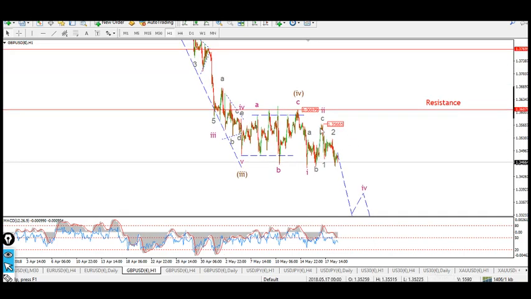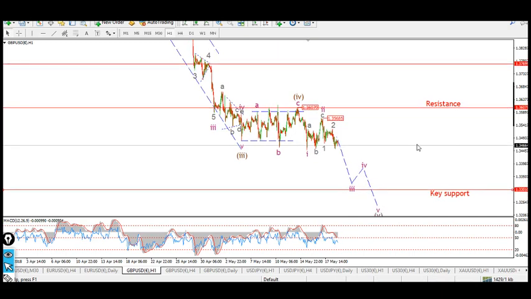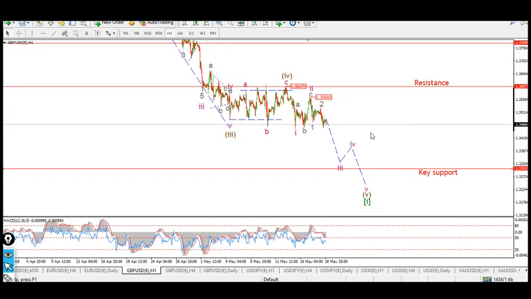So until we get accelerations to the downside, which we may be seeing now, and until we see clear breaks of previous lows, I mean by 100 points or so, at that point you can say, yes, okay, the previous correction is complete, and we're moving down into a further motive wave to the downside.